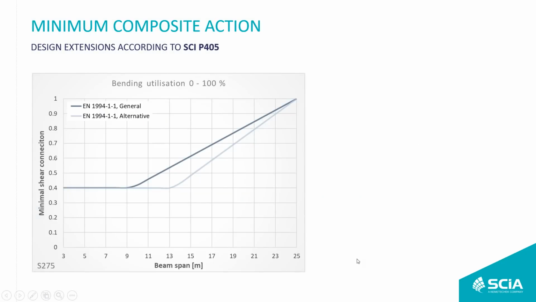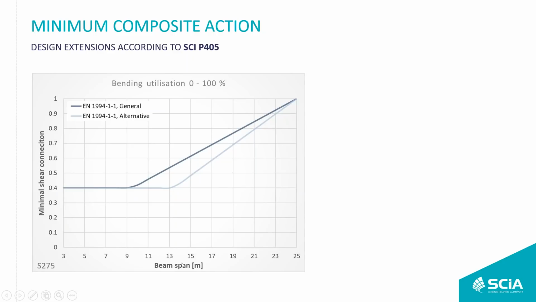So to put this a little bit in perspective, I want to plot here the minimum shear connection coming from the Eurocode. So in the Eurocode, we have 2 different rules that we can use for minimum shear connection. And you can see we have the 40% shear connection, that is the overall minimum. And as the beam span increases, the minimum shear connection increases as well.